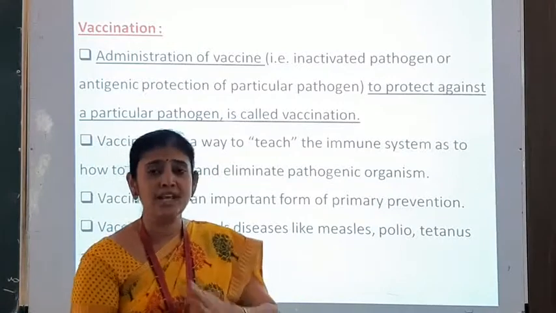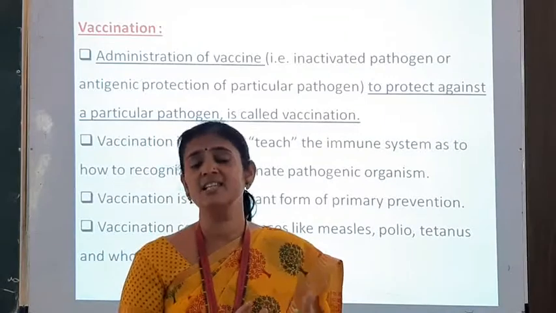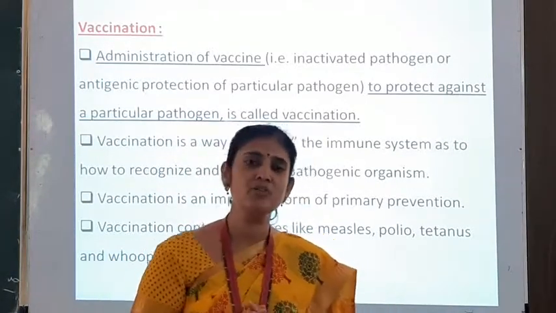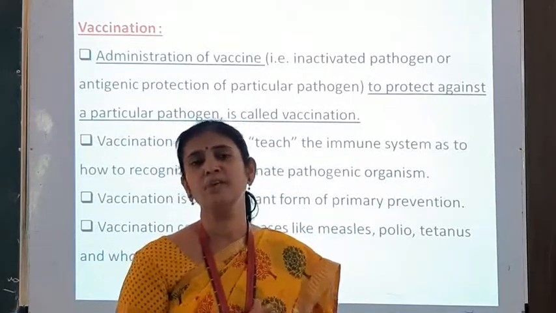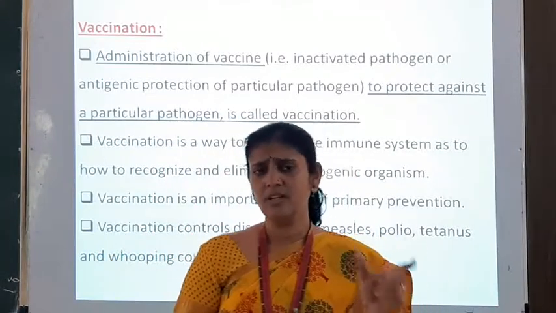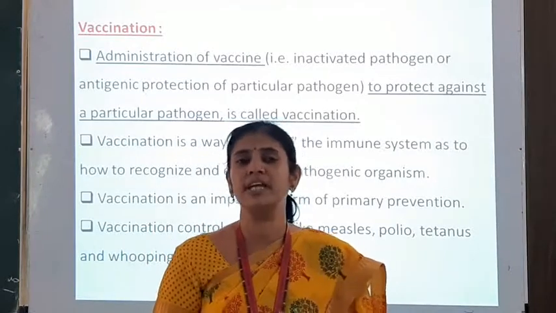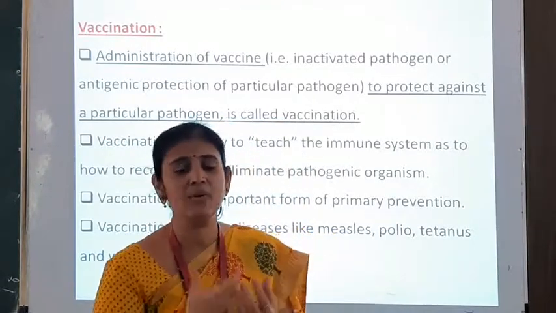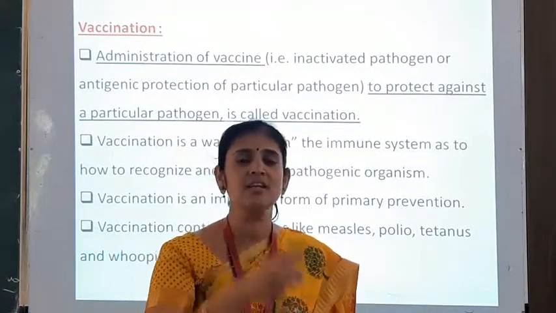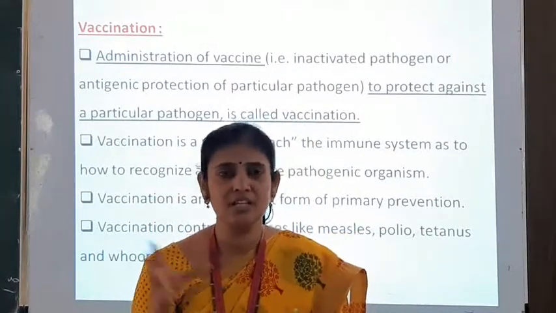So in today's lecture we have seen the different types of cells which are responsible for acquired immunity, and in that we have studied the T lymphocyte and B lymphocyte. T lymphocytes are differentiated in the thymus gland, therefore they are called T lymphocytes, and some cells are differentiated in our gut, that is in tonsils or Peyer's patches, called bursal lymphoid tissue, and therefore those cells are called B lymphocytes or bursal lymphocytes.